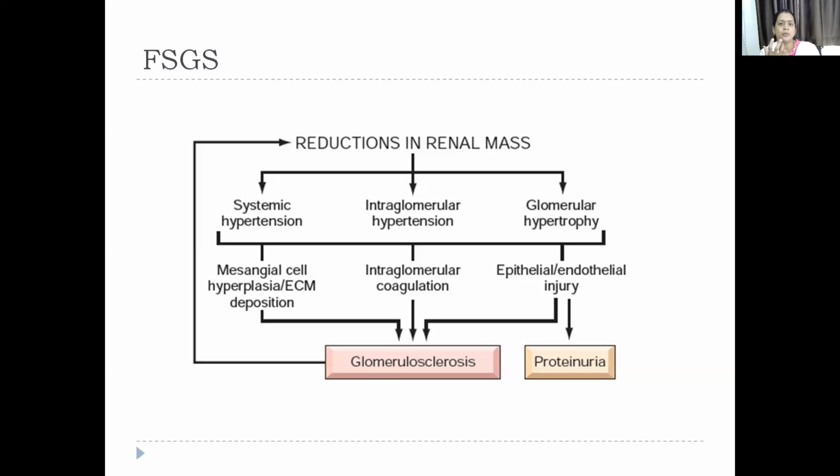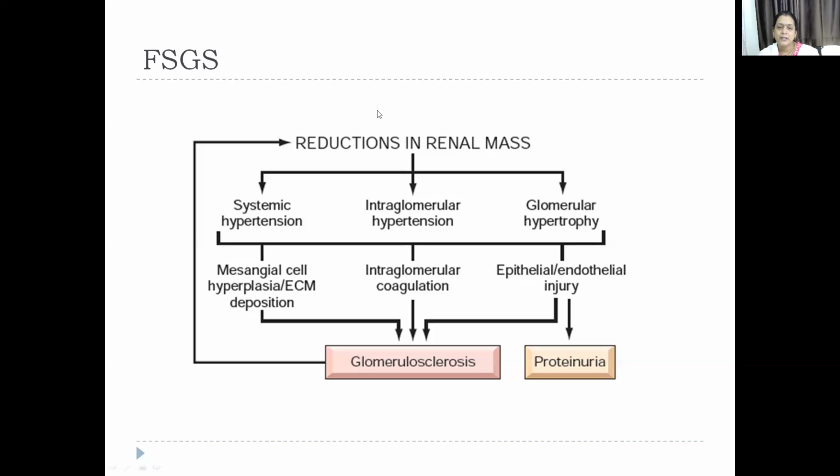Because of this, there is enlargement of the glomeruli which are normal. And then the GFR will be maintained in that way. So the progression of a kidney disorder related to glomerular injury will be compensated by the other healthy glomeruli in terms of compensatory hypertrophy.